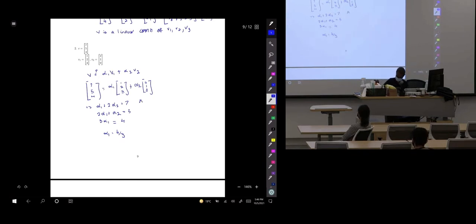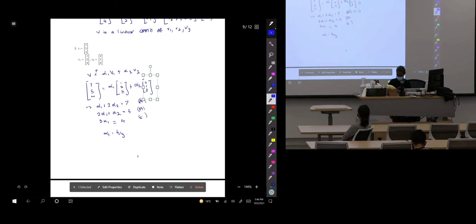So let's call this equation A, let's call this equation B, this equation C. So we're going to substitute alpha 1 back into equation B, right? And so that would give us 2 times 4/3 plus alpha 2 is equal to 5. Here we can solve for alpha 2 as 5 minus 8 over 3, which is 7 over 3.